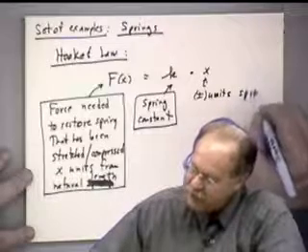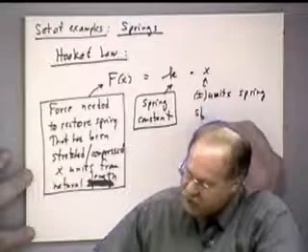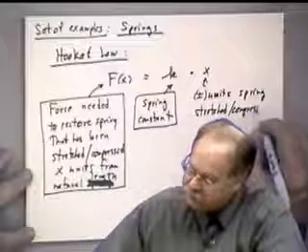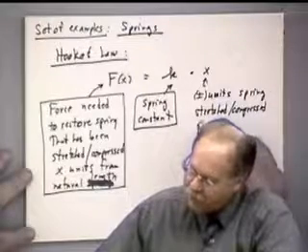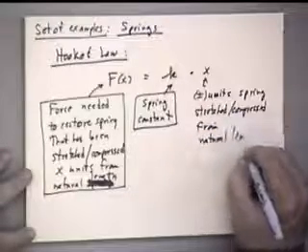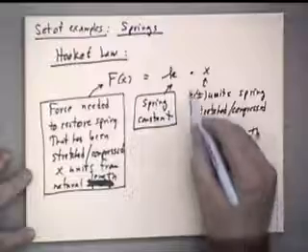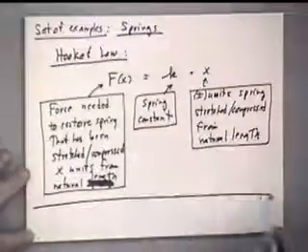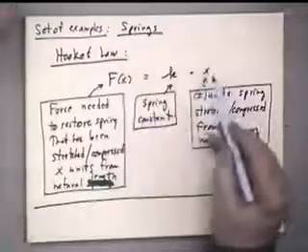The plus or minus units that the spring is stretched or compressed from its natural length. So those are the actual number of units, the x value here. And that's the formula known as Hooke's law.